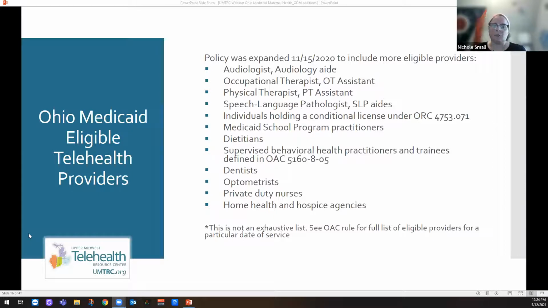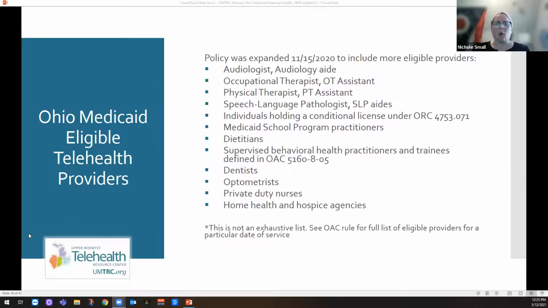Similar to the assistants for the skilled therapies, we added the supervised behavioral health practitioners. In Ohio, there are licensed independent social workers and licensed social workers that have to be under supervision, but then you also have trainees, assistants, and interns that work under these practitioners.